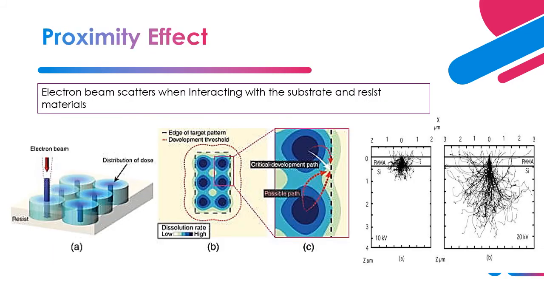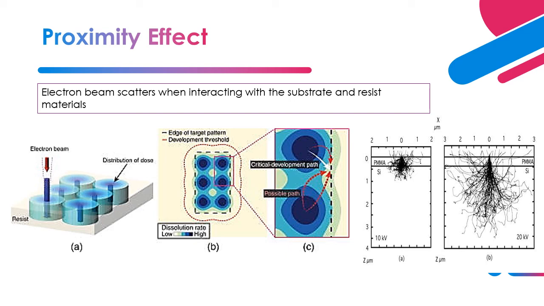Another error that can happen in EBL is the proximity effect. The proximity effect is usually due to the electron beam scattering when interacting with the substrate and resist material. From the picture, the electron is projected, and it's supposed to create straight holes in between.